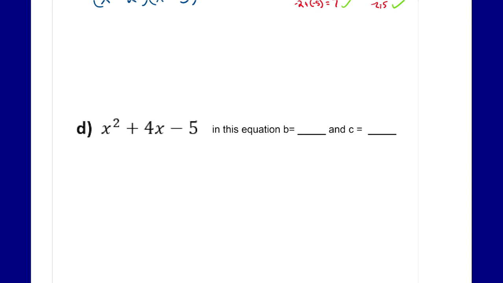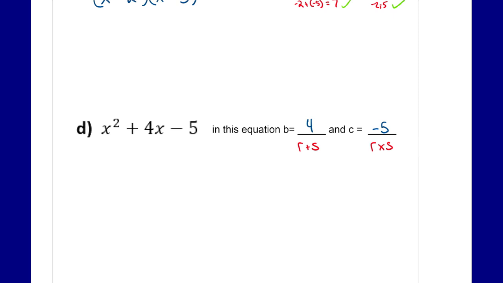Last example, x squared plus 4x minus 5. B value is 4, C value is -5. So because it's two values that multiply to a negative number and add to a positive, in order to multiply to a negative, one of those numbers has to be negative.